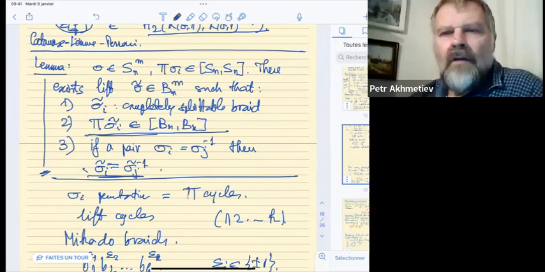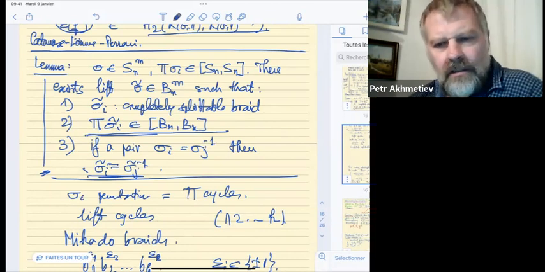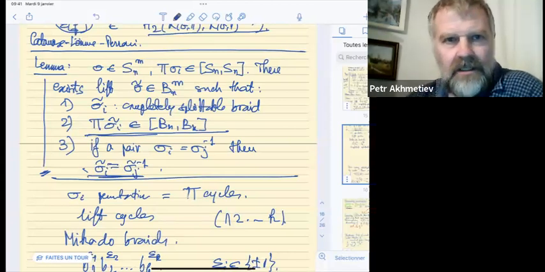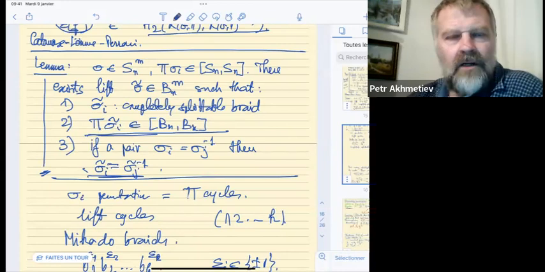And is there some interest in huge groups coming from crystallographic higher dimension crystals, like the monster group? There are finite groups, but very complicated.